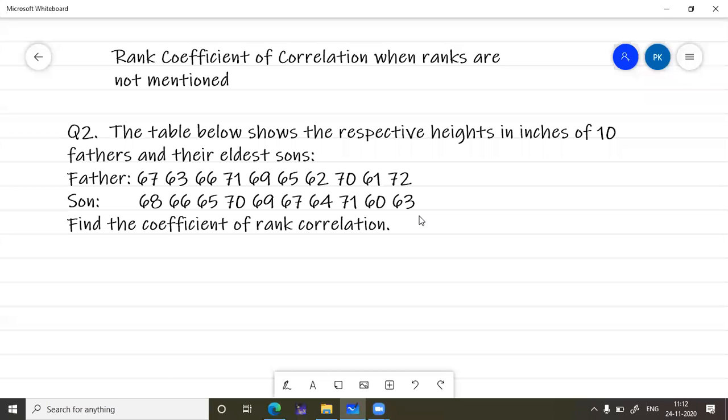You have to find out the rank correlation. Now in this problem, rank is not given. So the first thing is we have to obtain the rank by assigning rank 1 to the greatest height and rank 2 to the next lower height, up to rank 10.